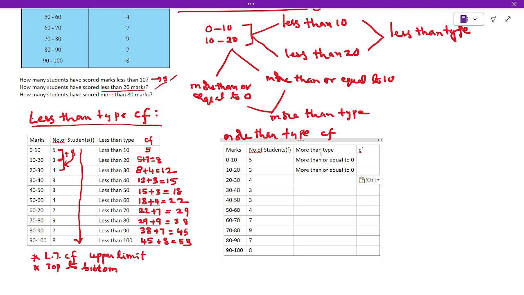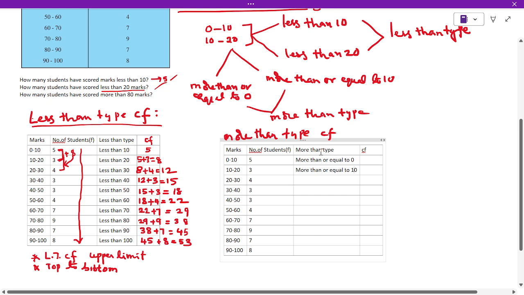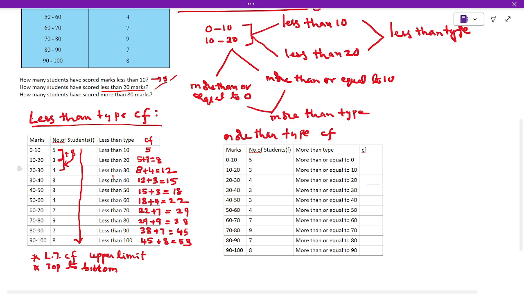So the language here: more than or equal to 10, more than or equal to 20, more than or equal to 30, more than or equal to 40, more than or equal to 50, more than or equal to 60, more than or equal to 70, more than or equal to 80, more than or equal to 90, right? So there is no confusion.